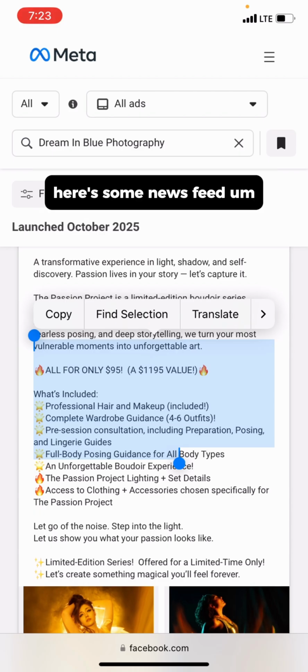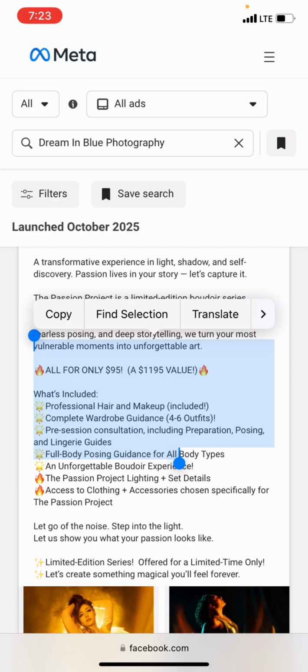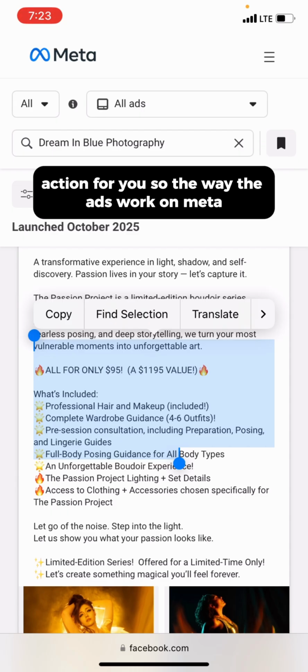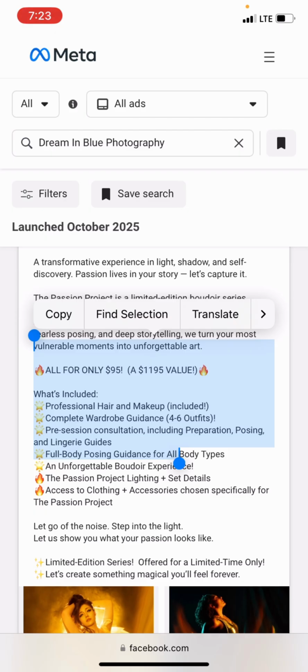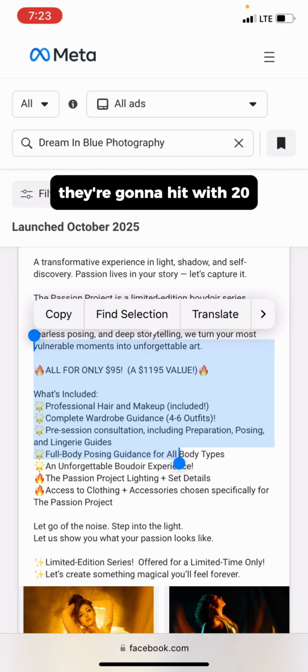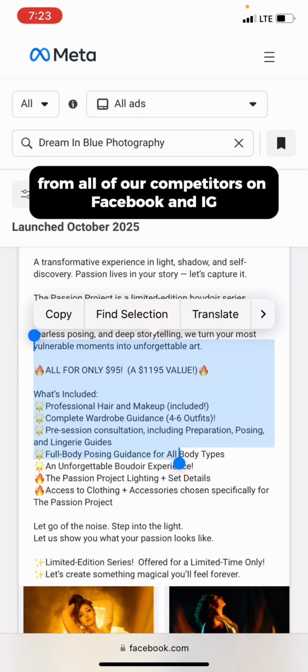Here's some newsfeed action for you. So the way the ads work on Meta, on Facebook and Instagram, is when women click one of our Boudoir Facebook ads, for the next 24 hours, they're getting hit with 20, 30 Boudoir Facebook ads from all of our competitors on Facebook and IG.